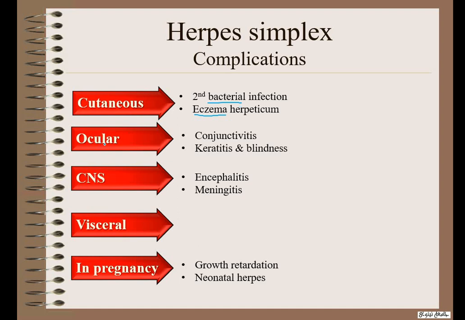A lesion close to the eye may cause ocular involvement, such as conjunctivitis or keratitis and even blindness due to herpetic disease. The CNS may be involved, causing encephalitis and meningitis. Visceral involvement is very rare. In pregnancy, it may cause growth retardation or neonatal herpes.